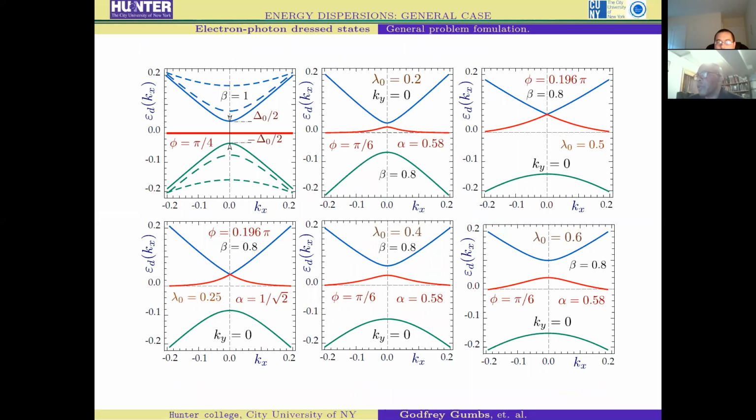And so we have brought together a number of cases for different parameters, showing you how you can vary the energy gap, you can vary the energy dispersion, you can vary a whole multitude of different things. So that's why we refer to this situation as being very tunable.